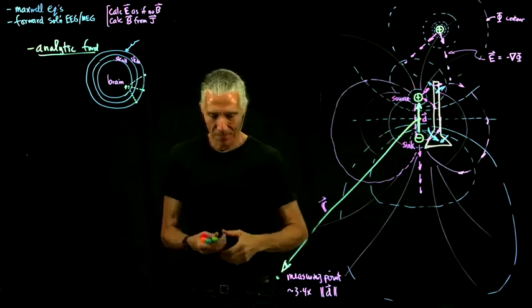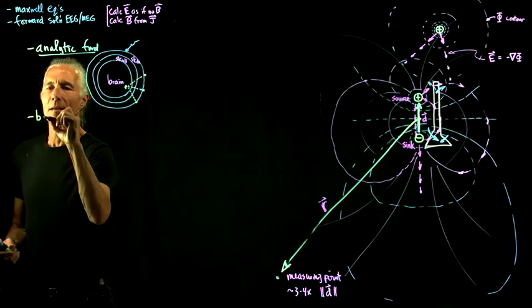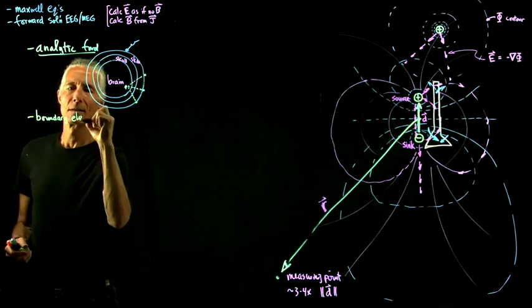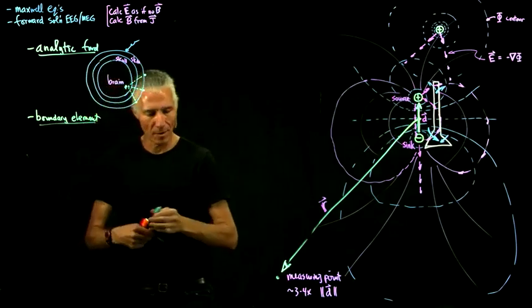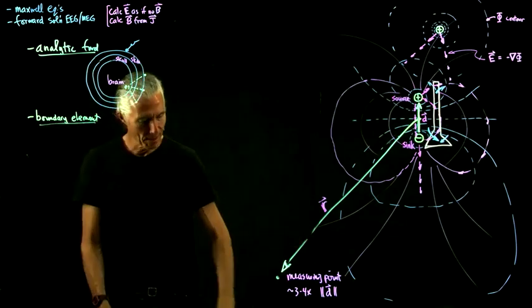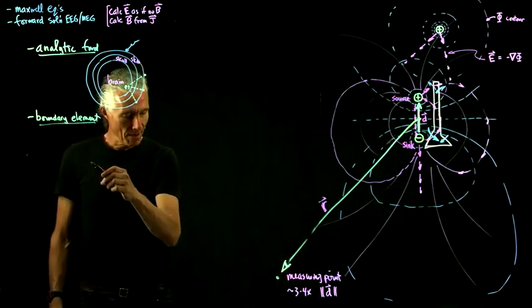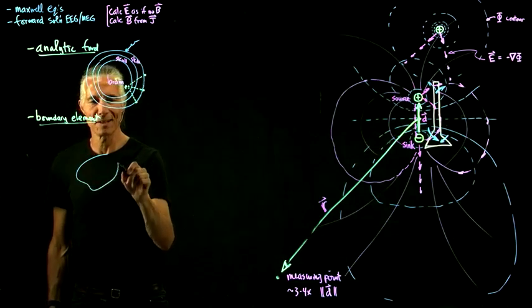But if you want to make a better one, you can do one called a boundary element method. And that one works by essentially making something that sort of looks like a brain. There we got a brain.